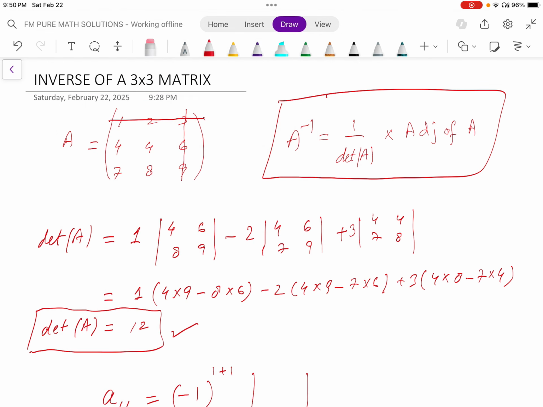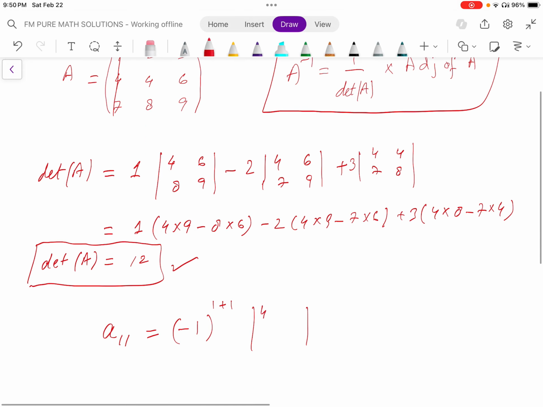So this is again 4, 6, 8, 9. If we expand it, that's 1 times 36 minus 48, which is equal to -12.